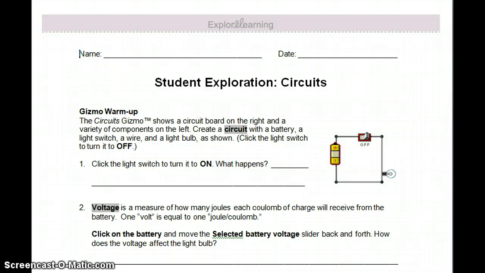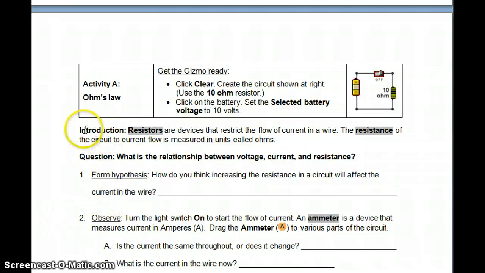a brief warm-up shown here, as students get familiar with the website, students will then enter into the first of three activities. Activity A, Ohm's Law.